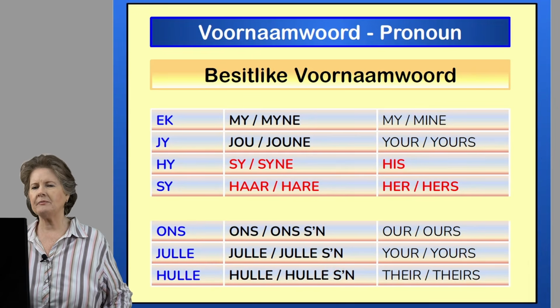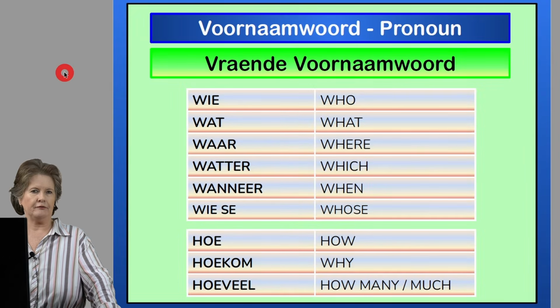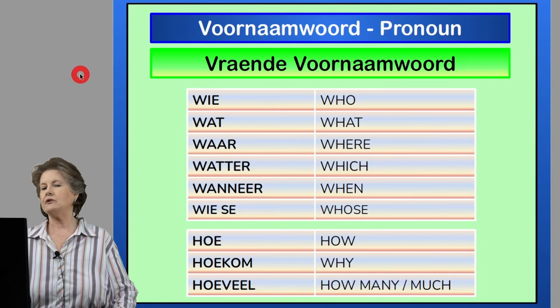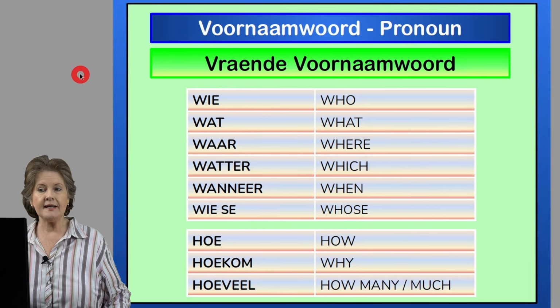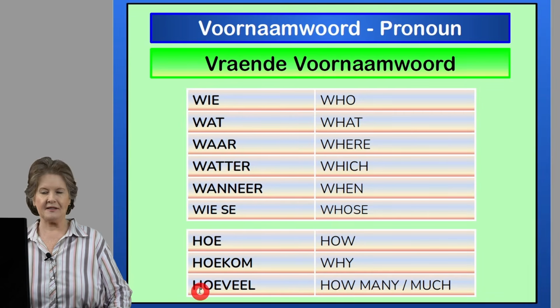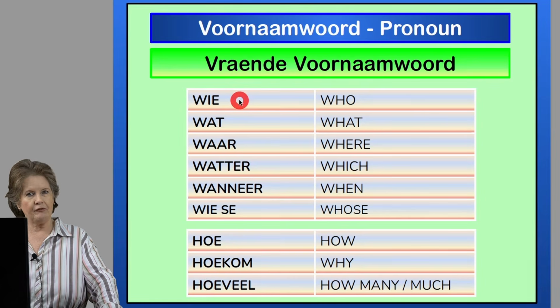Right, then the last one for this tutorial, we're going to go now to the vraende voornaamwoord. Now this is very, very important. When you get to your literature, when you get to your comprehension tests, questions will always start with one of these. So what you need to do is you need to learn this very, very well off by heart.